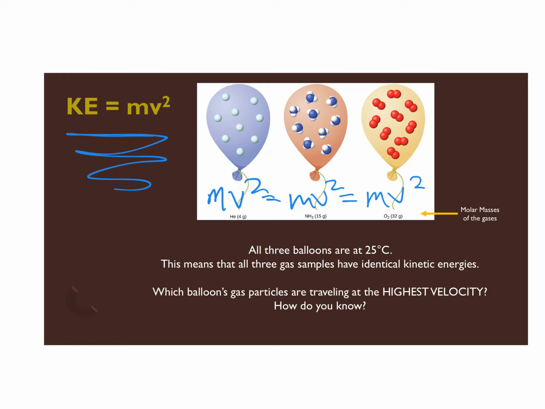So which one is going to have the highest velocity? Well, if they're all being equal and you put in the masses, you can understand that these molecules will have the highest velocity because they have the least mass. So because the mass is down, thus it's going to bring the velocity up.